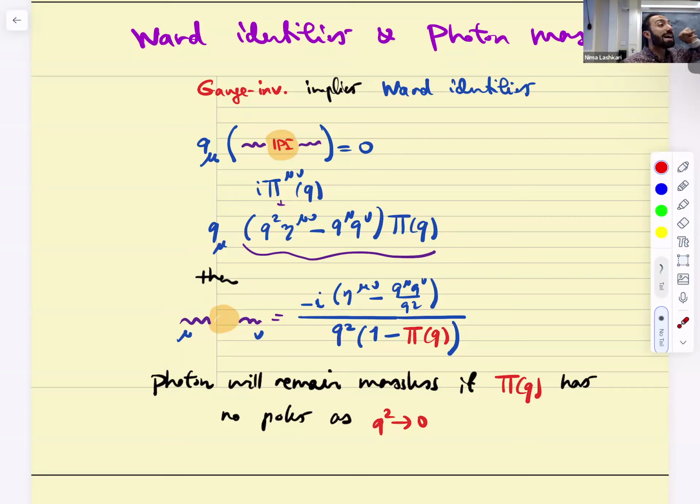The fermion had a mass, and that was important. We calculated this term in QED at one loop, and it had no poles at Q squared going to 0. But if the loop that contributes to Pi of Q involves a massless particle, it could have 1 over Q squared.